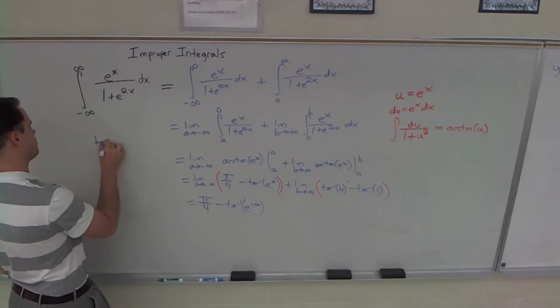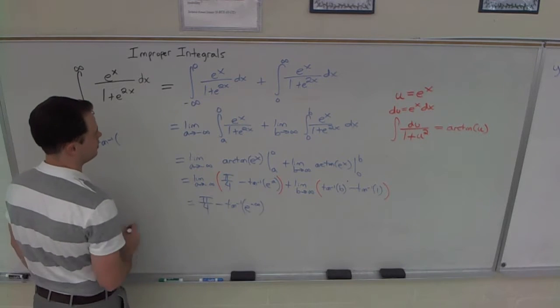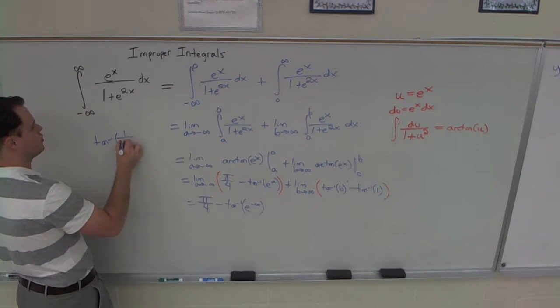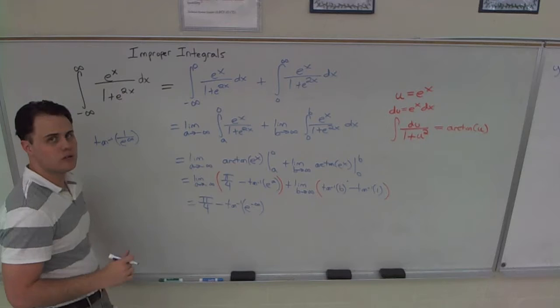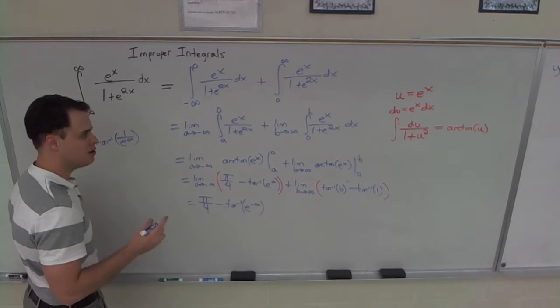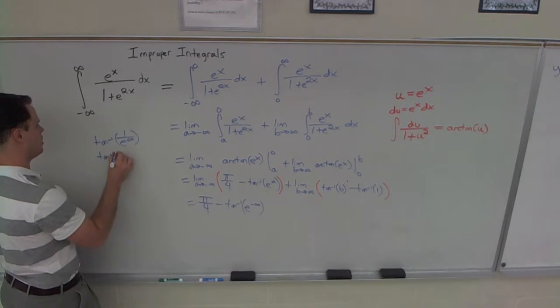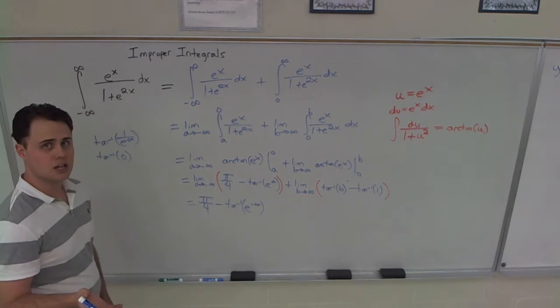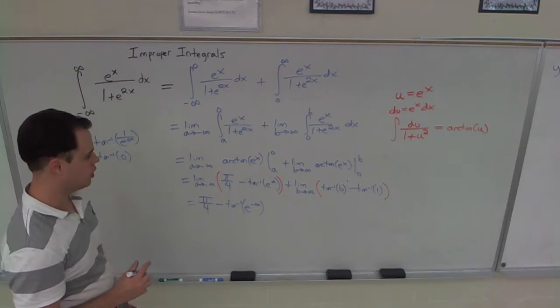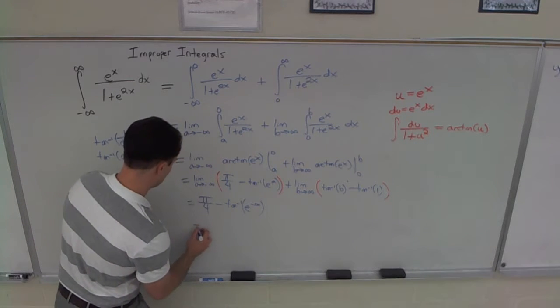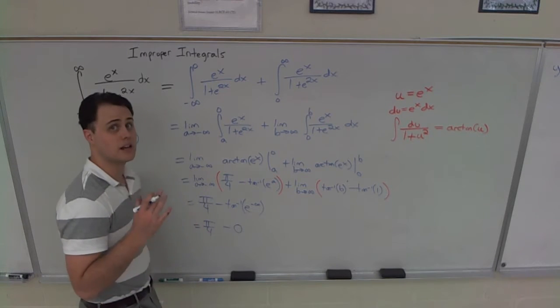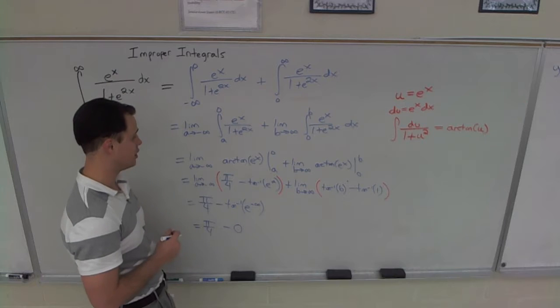That's kind of like the inverse tangent of 1 over e to the infinity. What's 1 over e to the infinity? It's basically 0, right? So this is the inverse tangent of 0. Where is tangent 0? We did that earlier in the video. That's going to be 0. So far we've got pi over 4, and this guy goes to 0 as a approaches negative infinity.